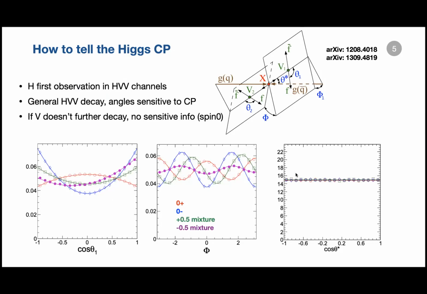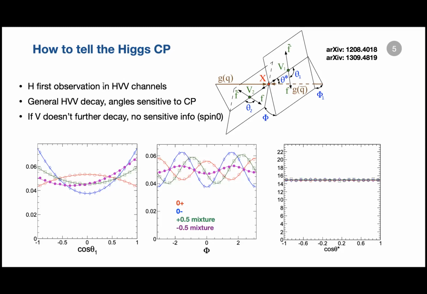Since the Higgs boson was found first in the bosonic final states, meaning gamma gamma, WW, and ZZ, it's natural that we start to study the Higgs boson CP property in these final states, meaning we study its interaction with vector bosons. You can write its interaction in a very general way, which describes all the Higgs interactions with all vector bosons.